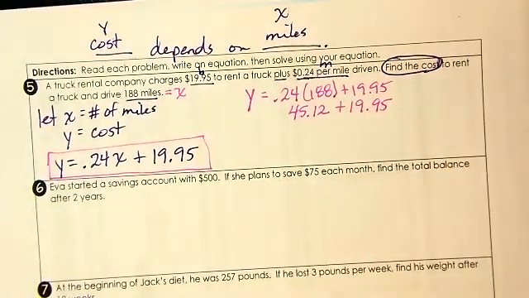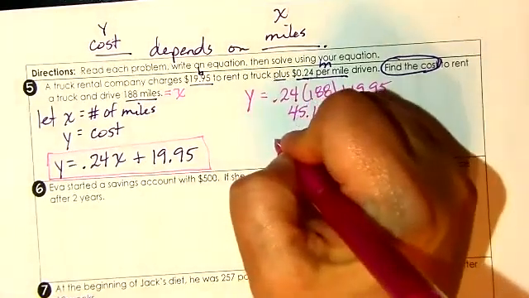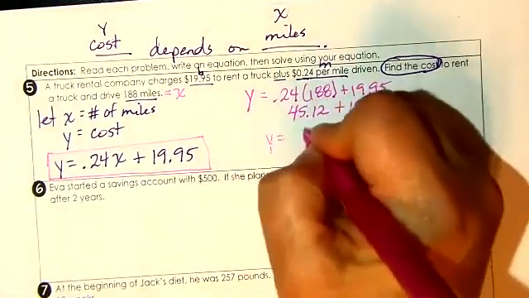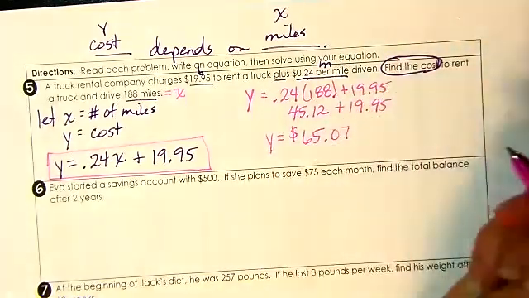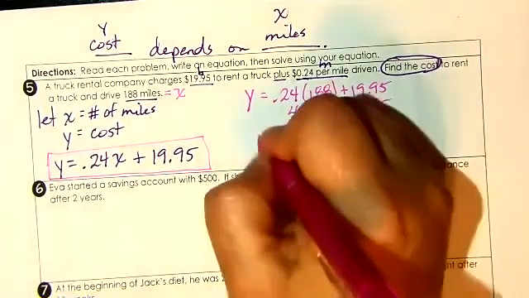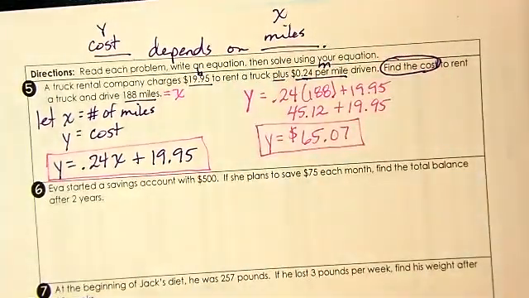Plus 19.95. And we get a total cost that Y equals $65.07. Again, if you've got any questions, pause it, rewatch it, or come and ask me if you've got a question, please.